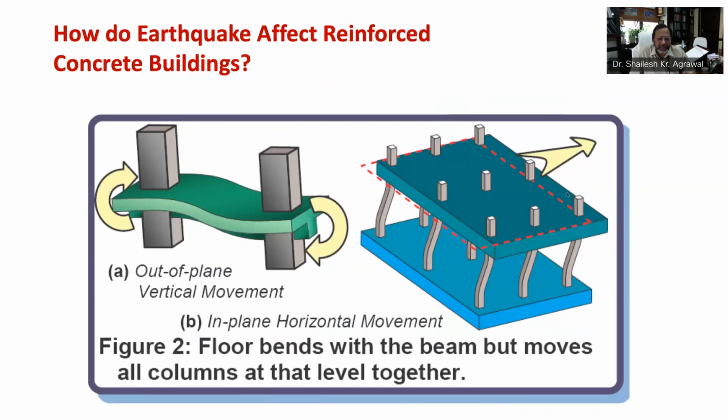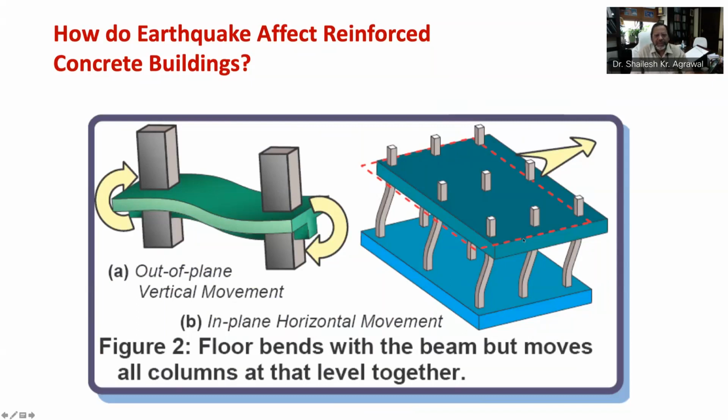As you can see in this figure 2a, when beams bend in vertical direction during earthquake, these thin slabs bend along with them. And when beams move with columns in horizontal direction, the slab usually forces the beam to move together with it, which is shown in this figure 2b.